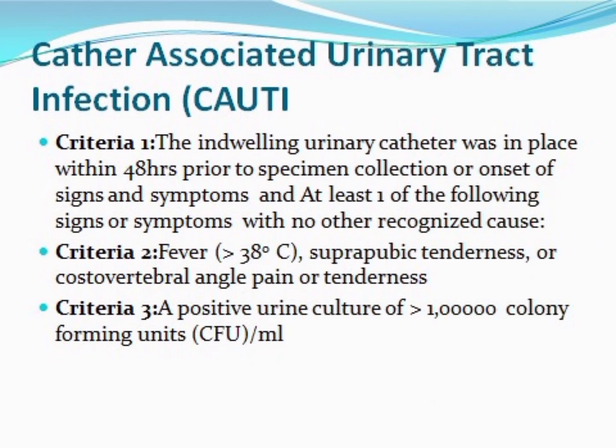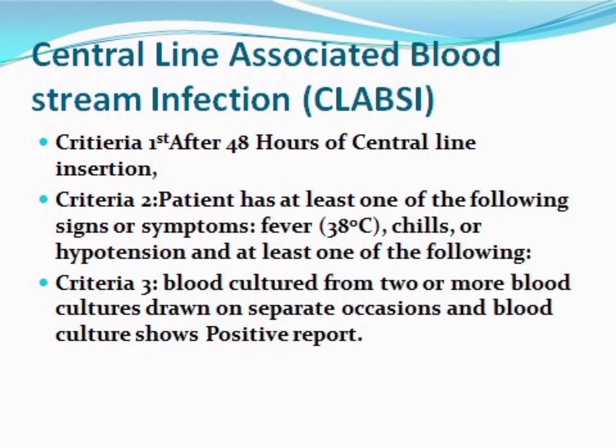Criteria 3 is a positive urine culture. In urine, if there is any growth with a colony count of more than 1 lakh, we can consider it a CAUTI.